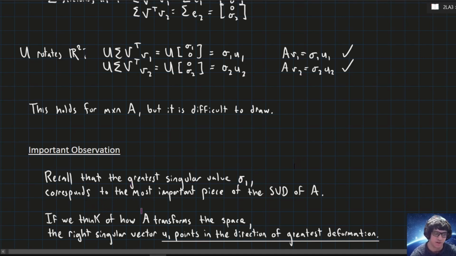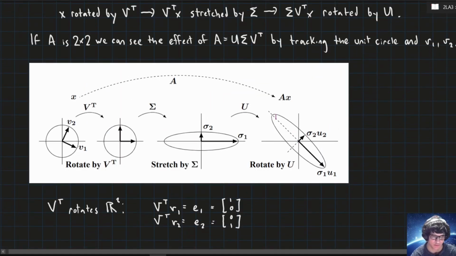If we think about how A transforms the space, the first singular vector points in the direction of greatest deformation. The axis or direction of greatest deformation is along here, which is exactly the direction of U1. So the biggest stretch is sigma 1, and it's in the direction of U1, the first singular vector.